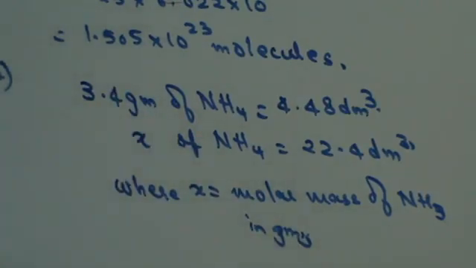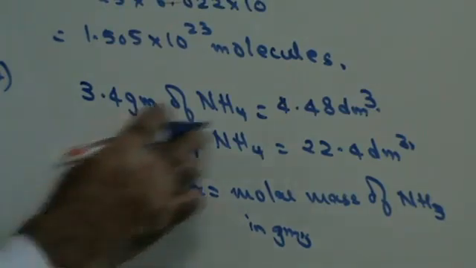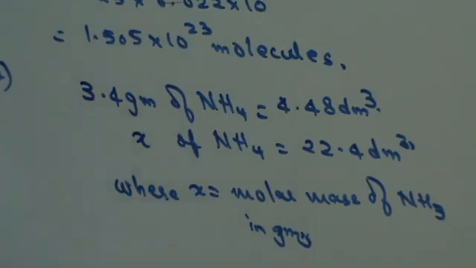When you solve this, you will get the value of x as 22.4 into 3.4 divided by 4.48.